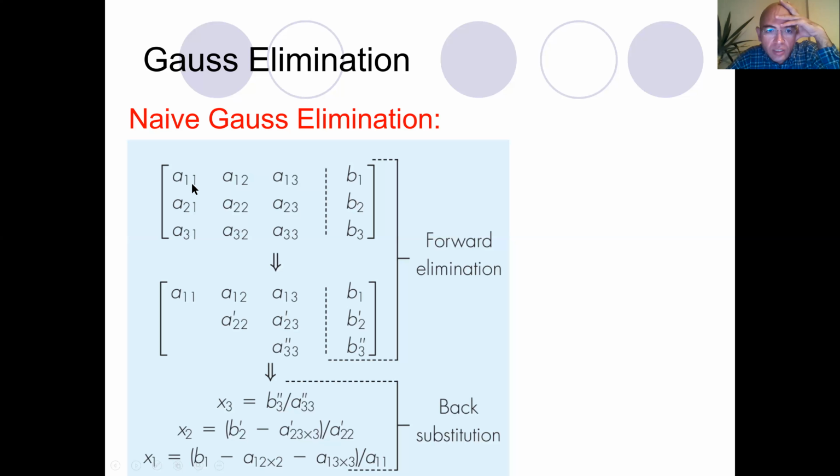So what we basically do is, again, we divide these terms with A11, then we multiply it with A21, and then we subtract it from the second row. So this becomes automatically 0.